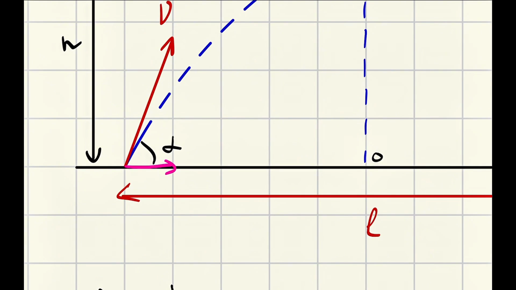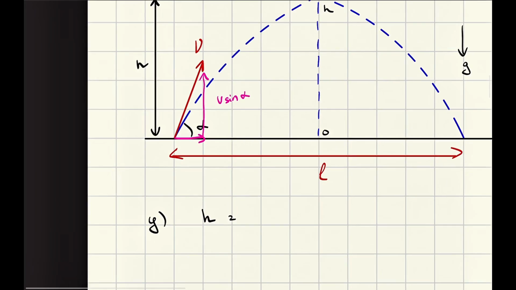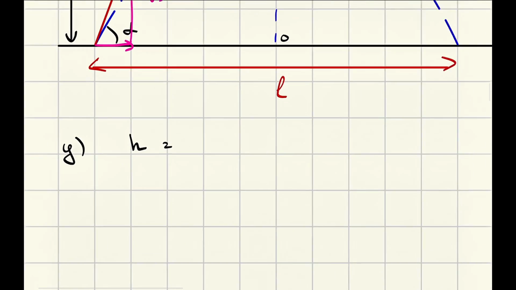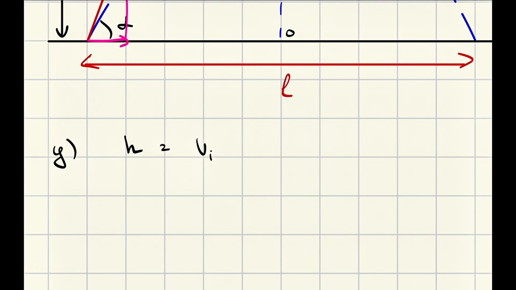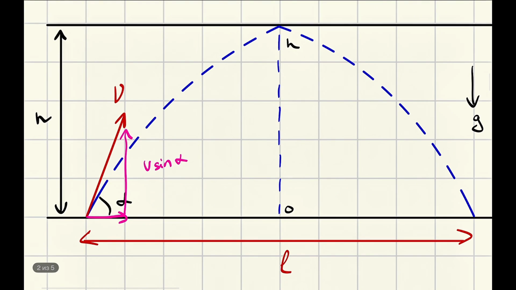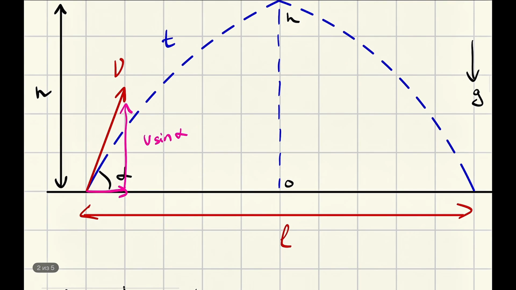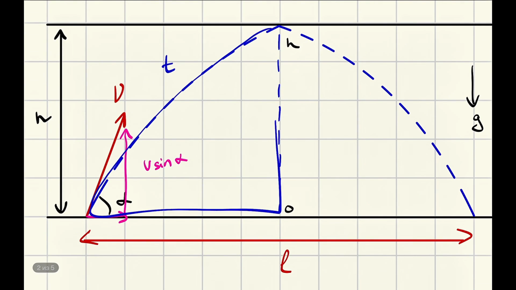The vertical component would be v sine alpha, because it is the opposite side. So it would be v initial sine alpha times t. We don't know what time it is, but it takes some time, and it takes the same amount of time to go the other way, but that doesn't matter right now. We only consider the first half, only this part.